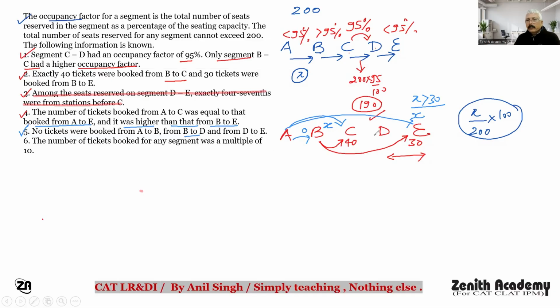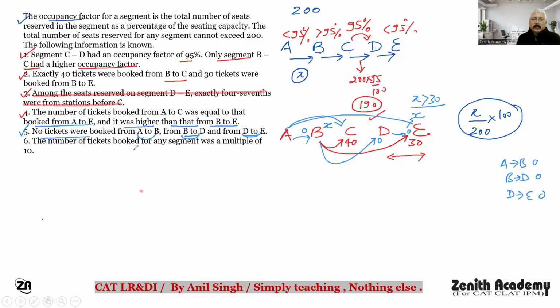B to D is 0, and D to E is also 0. No tickets were booked from A to B, B to D, and D to E. This is all about point number 5.